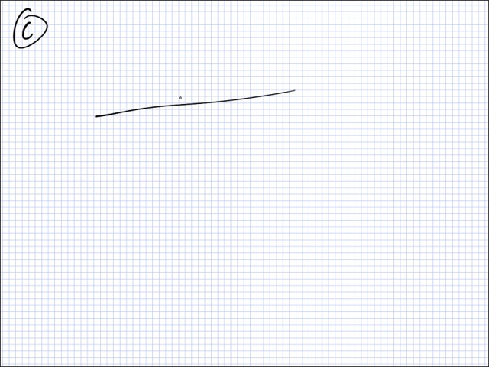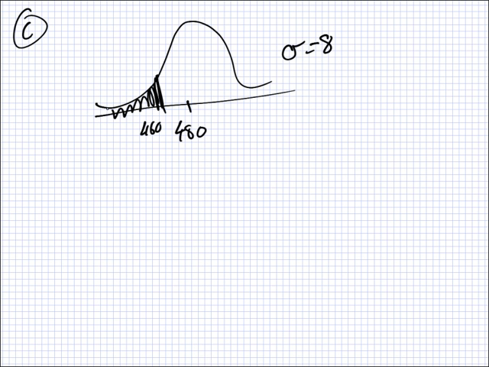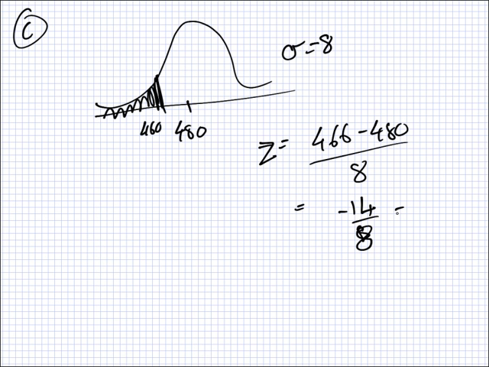So we've got mean of 480, standard deviation of 8, and we want the ones below 466, so that's this here. We'll have to calculate our Z, which is 466 minus 480 over 8. Is that minus 14 over 8? Yeah. Which is minus 7 over 4, which is minus 1.75.